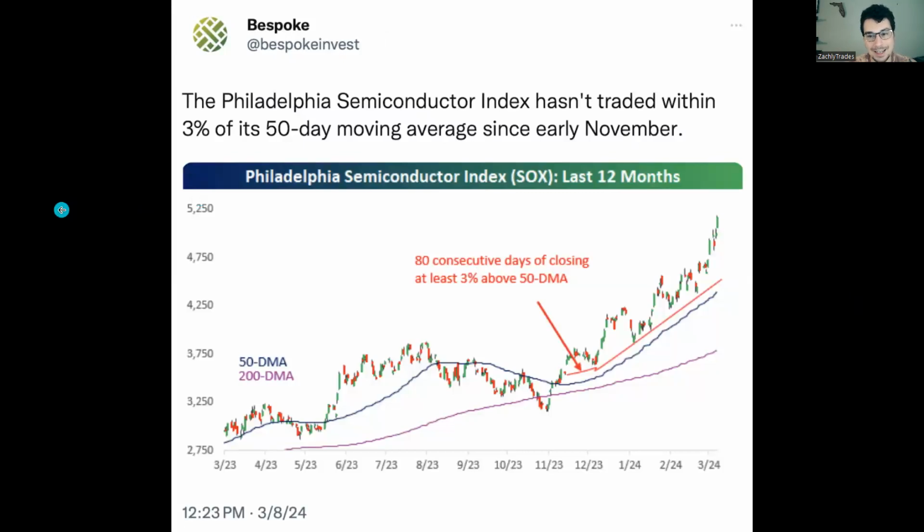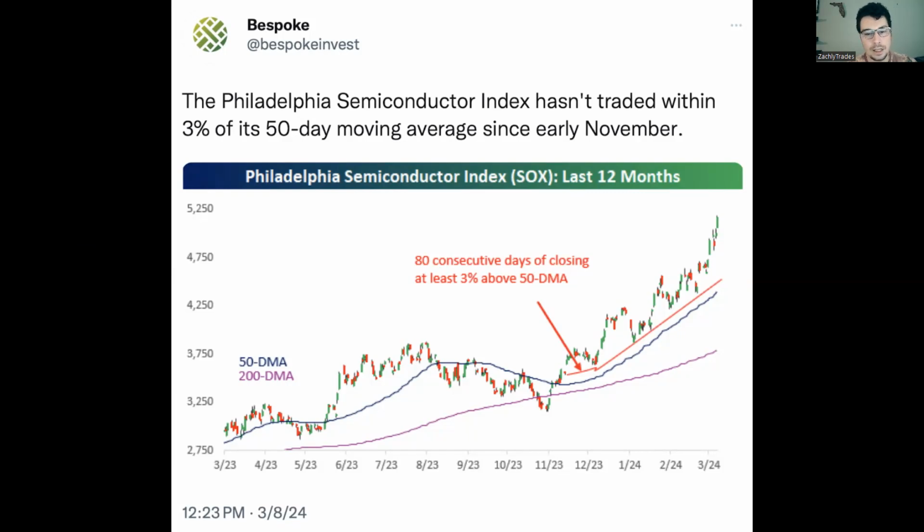The semiconductor index hasn't traded within 3% of its 50-day moving average since early November, right? It's got 80 consecutive days of closing at least 3% above its 50-day moving average. This past Friday, we saw Nvidia print a bearish engulfing candlestick.